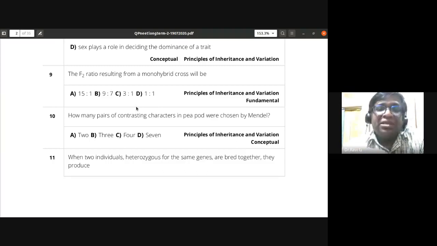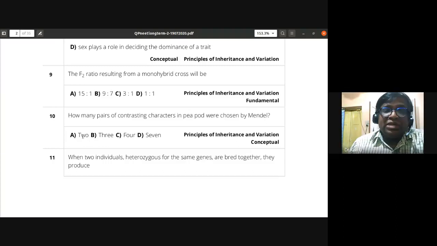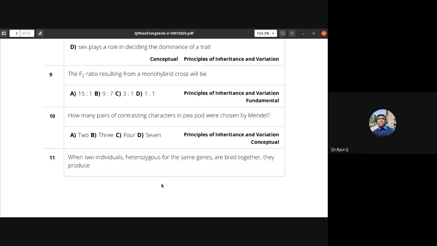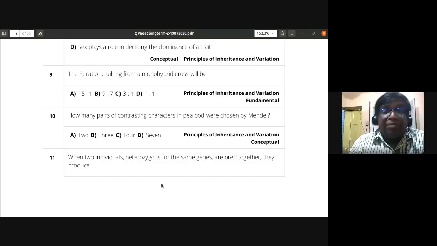Tenth one, how many pairs of contrasting characters in the pod were chosen by Mendel? The answer is two. A, two. So he chose only two contrasting characters in the pod. Eleventh question, when two individuals heterozygous for the same genes are bred together, they produce?